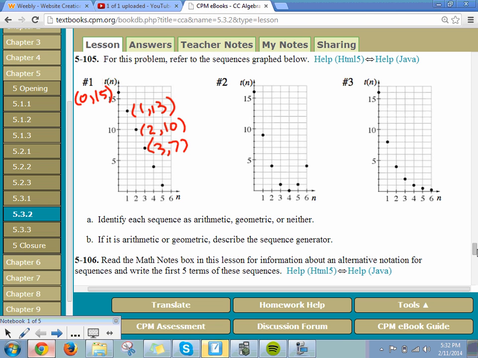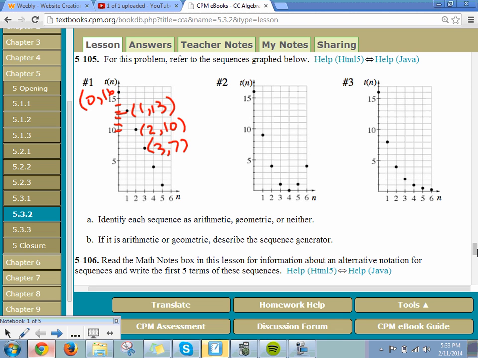Whoops. Make sure I did that right. 10, 11, 12, 13, 14, 15. So this is at 13. Oh, that one was at 0, 16. That's why I messed that one up. Our first one was at 0, 16.